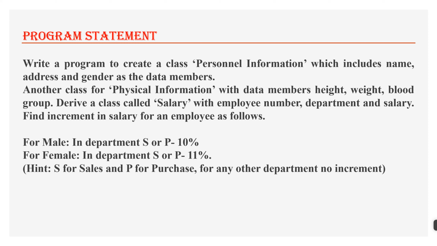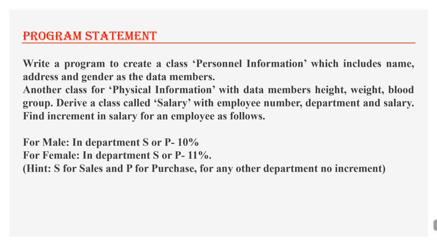Here there will be one derived class or a child class which will have its own properties, its own data members. In addition to that, it is inheriting some of the properties from multiple base classes. Not one class, but two or more classes.